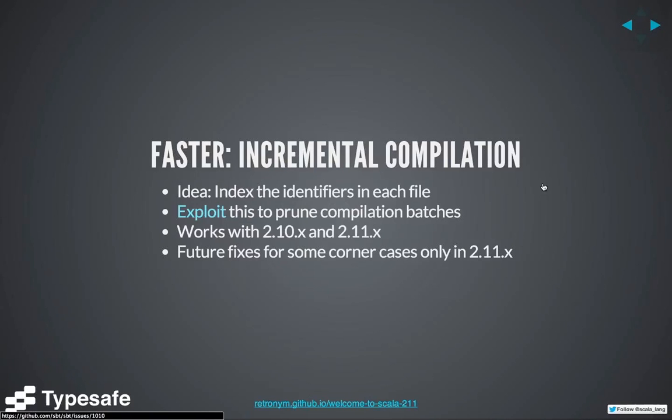So if you add a method to a file called foo_bar, we can know in some cases that because another file did not contain the string foo_bar, it need not be recompiled. This work actually is not strictly part of Scala 2.11. We've made this as part of SBT, and therefore it can work with Scala 2.10 and 2.11. However, there's some corner cases which are likely to be fixed only in Scala 2.11.